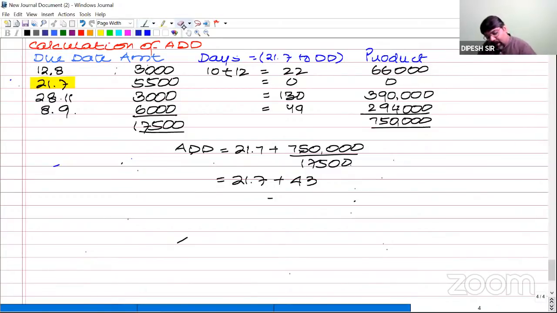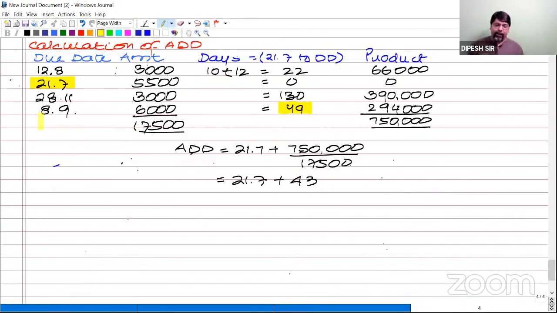Now Charted, I have to calculate 21st July plus 43 days. If you look over here, July plus 49 days is 8th of September. But you are not supposed to add 49 days.